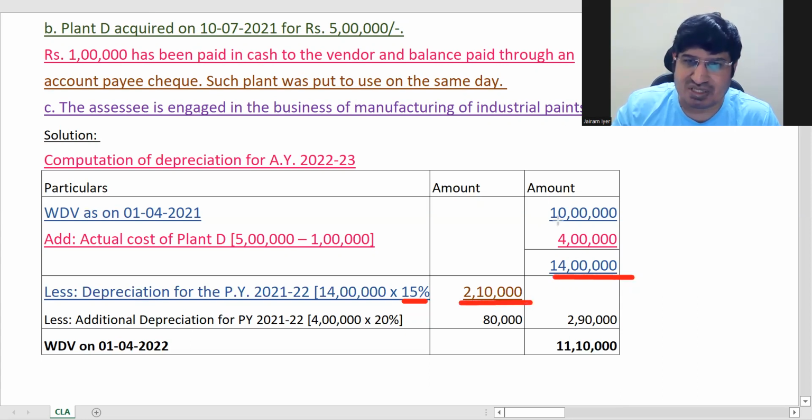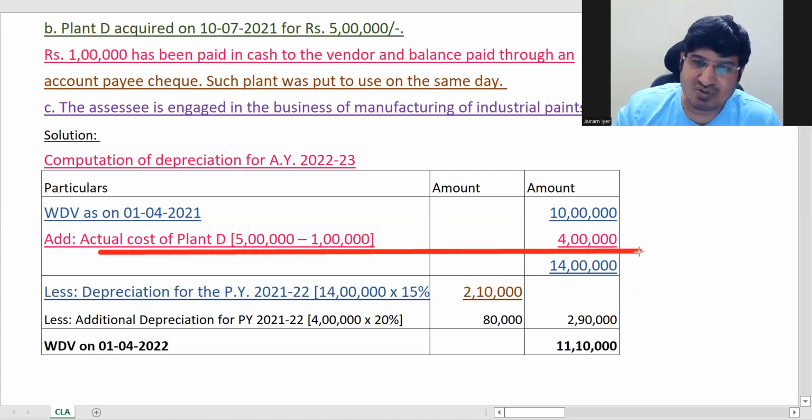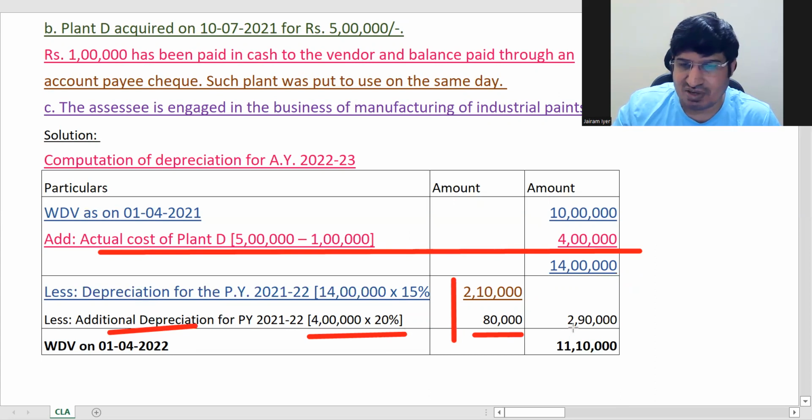Now additional depreciation you can give only for the new acquisition. Only on 4 lakhs you can give 20%. So additional depreciation is 4 lakh into 20%, which is 80,000. Add the two depreciations, you will get 2,90,000.